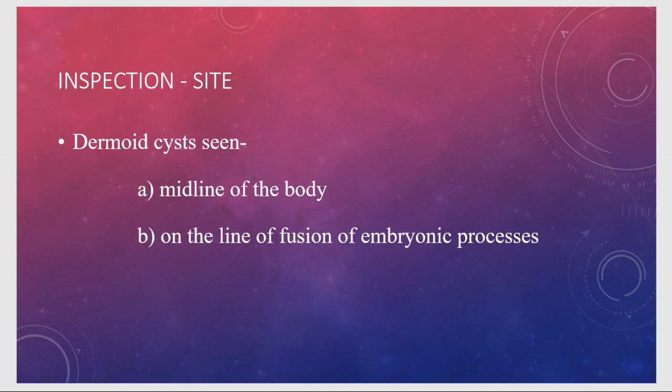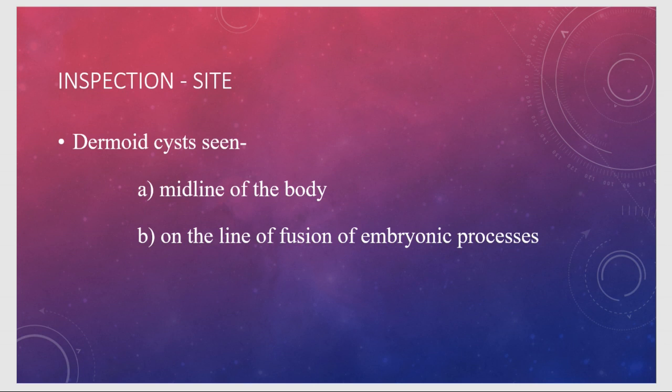So, site, or where the swelling is situated, has a very important role in various congenital swellings and other swellings. Let's go one by one, and we'll be precise enough to discuss the important points only. So, dermoid cysts are usually seen in the midline of the body, anywhere in the midline.